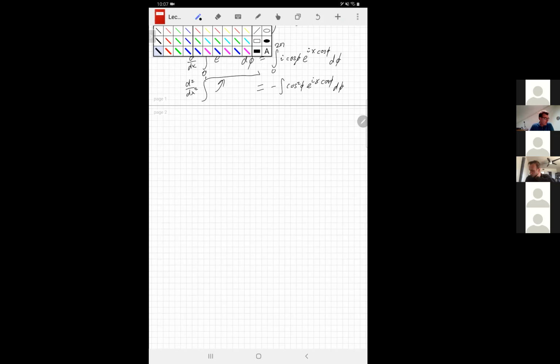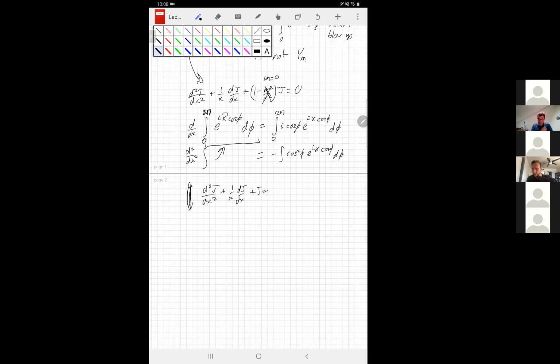So what we get is that the integral, if I were to add these things up, well, I have almost the same integrand each time.